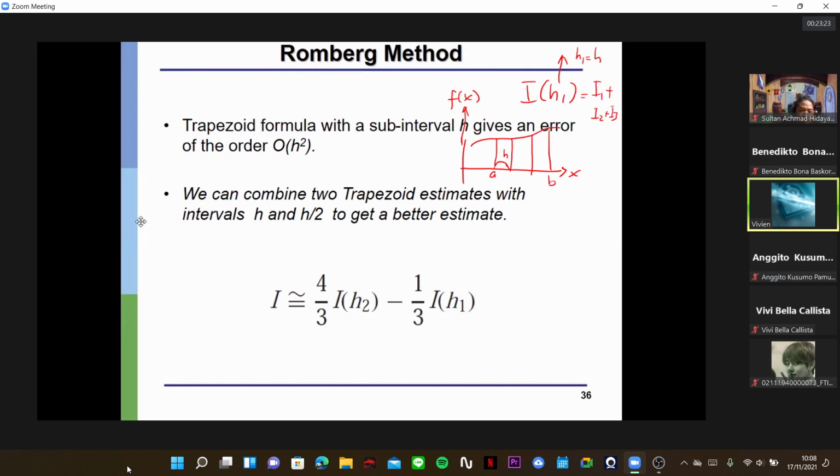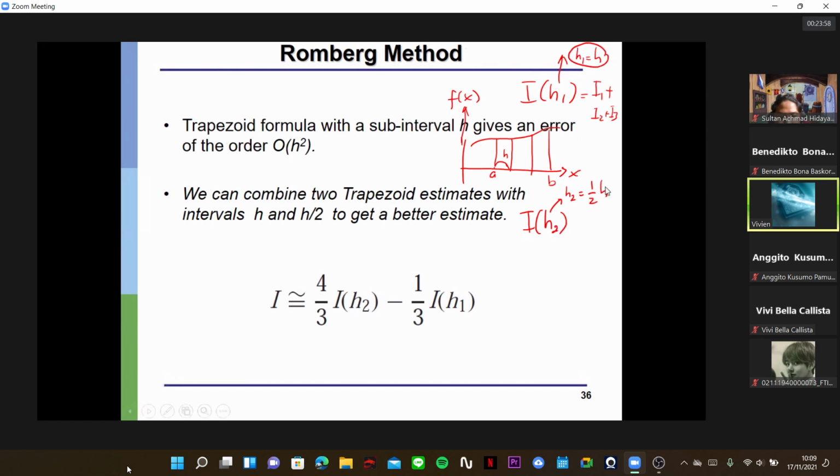So if we have 1, 2, 3 segments, the total integration area with the segment length of h1, which is equal to h, will be I1, I2, and I3. And then we do the second calculation, which is the integration with the length size of h2. The length size of h2 here is half of the initial length that we use. So if previously h1 is equal to h, now h2 is half of it.